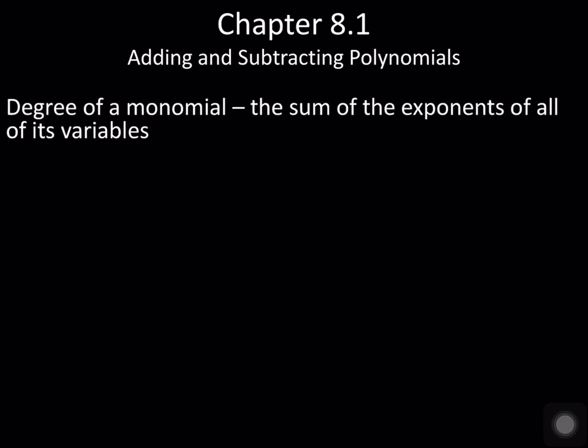Okay. A little bit more foundation before we actually jump in and start manipulating. The degree of a monomial is something we'll want to know about. And the degree of a monomial simply is the sum of the exponents of all of its variables. Okay, so the sum of the exponents specifically of the variables.